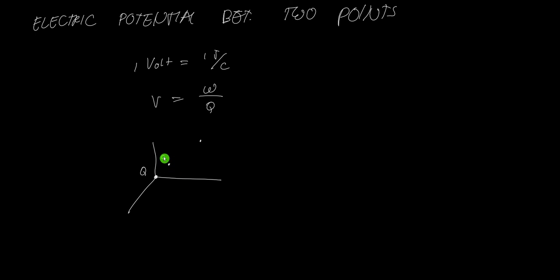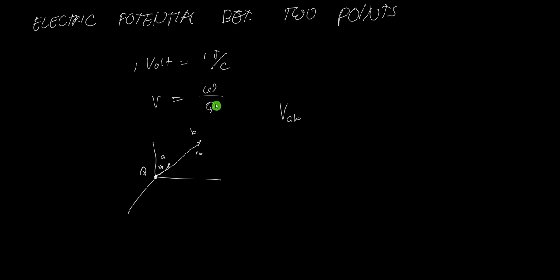I can call this one point A, and this one point B. If we assume we are in a spherical coordinate system, the distance to A we can call vector R_A, and the other one R_B. They are both in the a_R direction. So we want to determine the voltage between A and B.